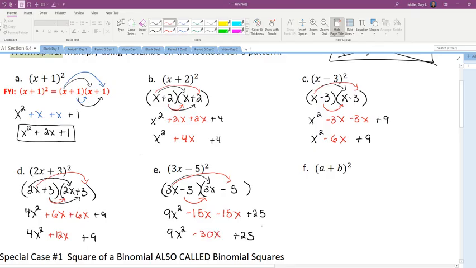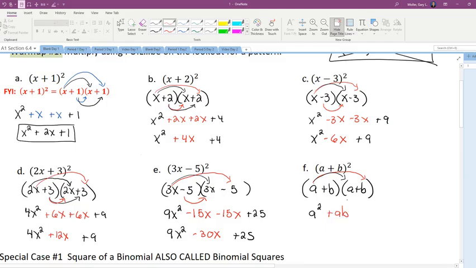All right, and then finally, last one, a plus b times a plus b. I do a times a, which is simply a squared. I do a times b, which is ab.